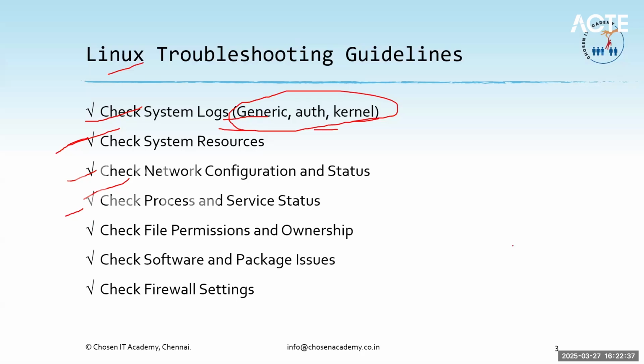If it is specific to a file, check that file permissions are all good. If there are software package installation issues, we may have to reinstall, and check firewall settings. These are simple guidelines to debug if something goes wrong.